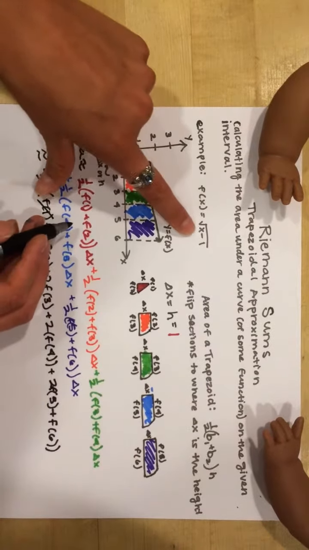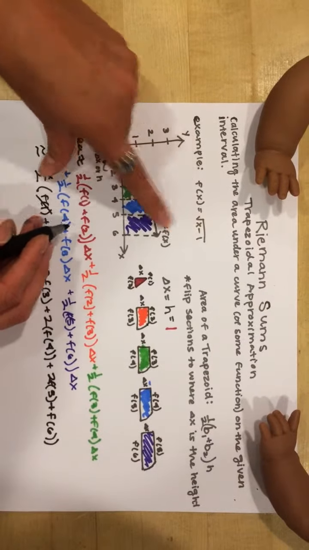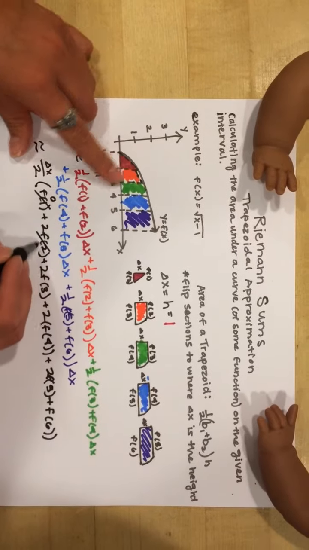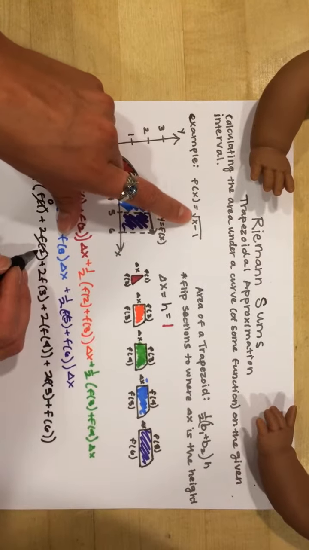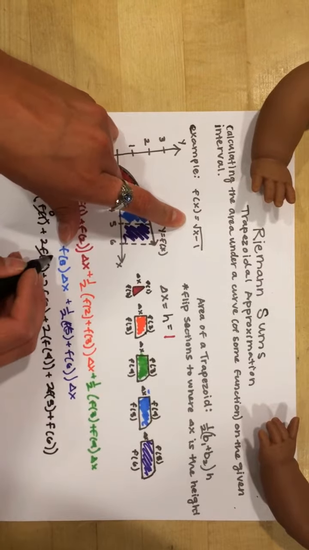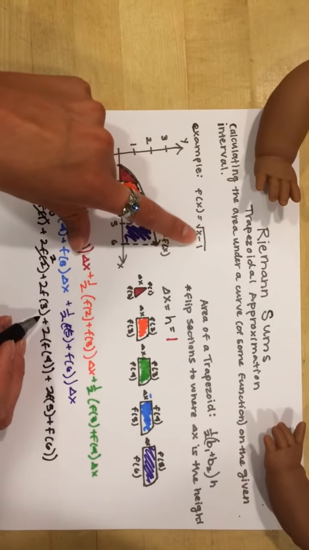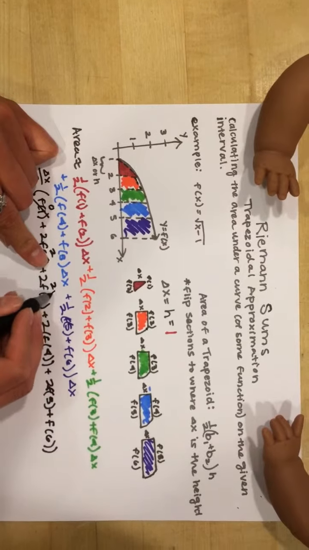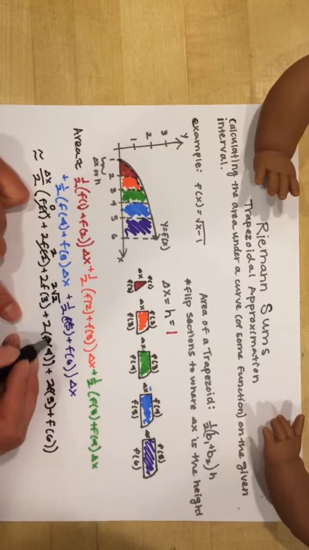So your f of 1, 1 minus 1, square root is just 0. 2 minus 1 is 1, square root of 1 is 1, times 2 is going to be 2. f of 3, 3 minus 1 is 2, square root of 2 times 2 is 2 root 2, and so on and so forth.